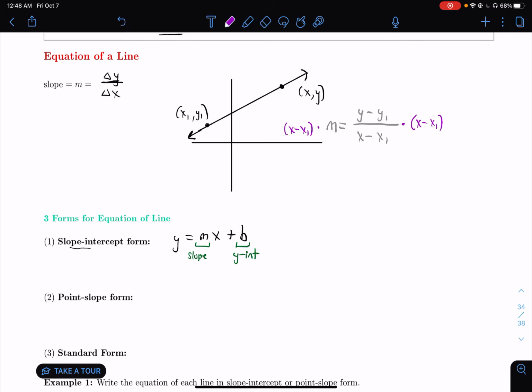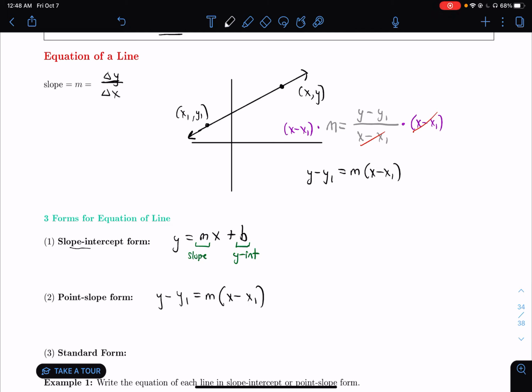If I do that, it'll cancel on this side, and I'll be left with, let me switch the two sides, y minus y1 equals m times x minus x1, and that is point-slope form. Point-slope form looks like y minus y1 equals m times x minus x1.